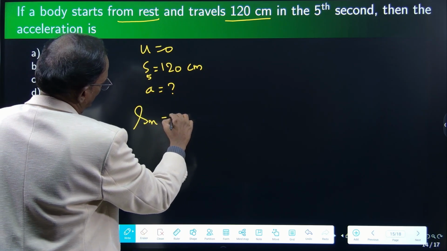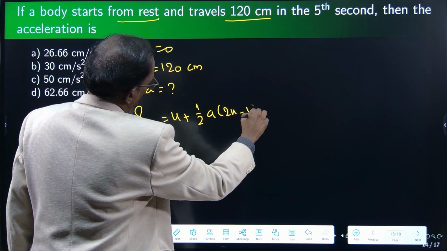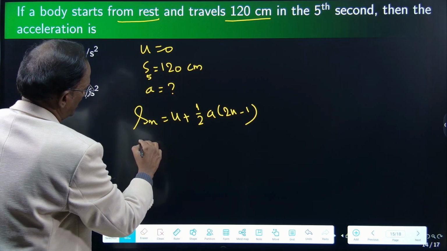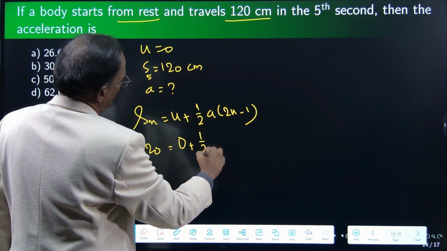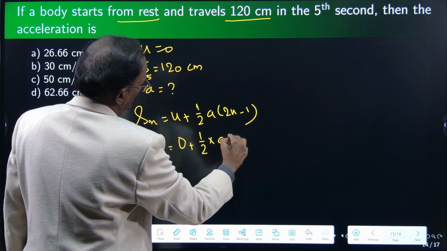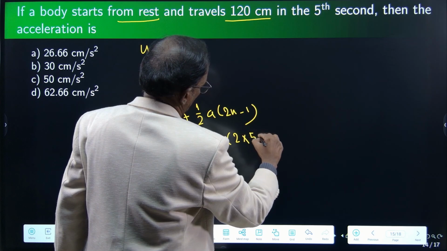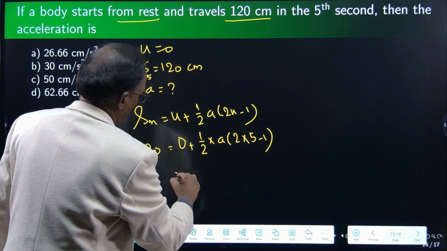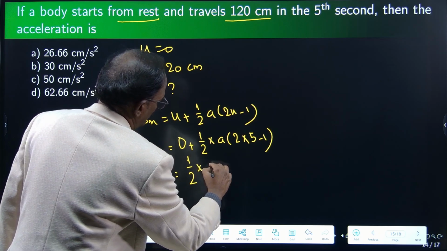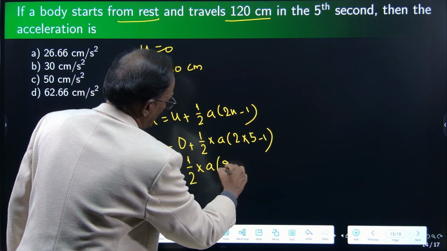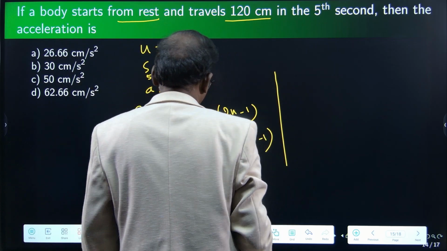Sn is equal to u plus half a of 2n minus 1. So this is 120 centimeter is equal to u is 0, half a, 2 into 5 minus 1, so this is half into a into 9. This is 120. So a is asked.